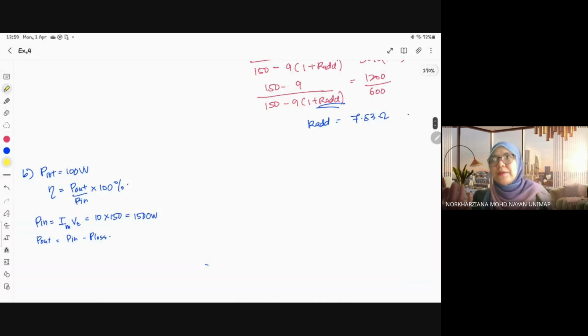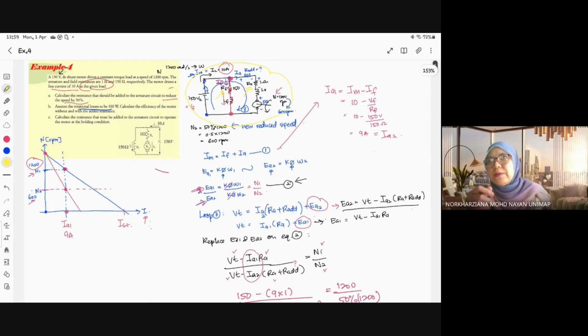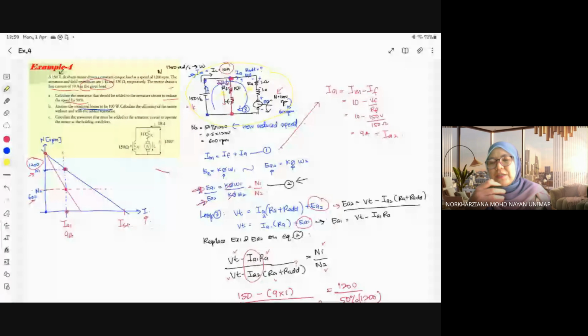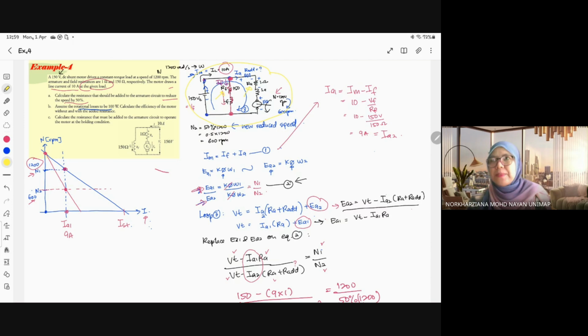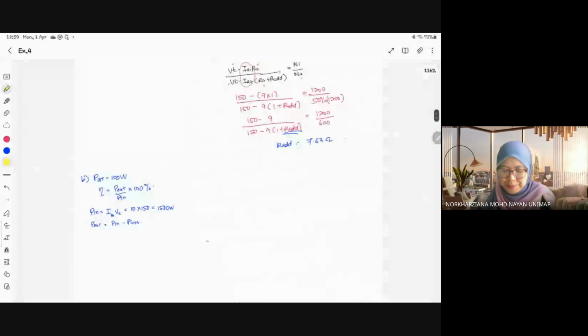Dia tak bagi apa lagi losses yang ada. We have friction and windage not given and cannot be found on the circuit. And what else? P3 boleh kira. Nak kira pun boleh lah, tapi dalam contoh ni saya tak kira lah. Then what else? Copper losses. Yang copper losses ni lah, RF and RA ni. Jangan saya ingat, nanti kita tengok dekat slide lagi. Okay. So yang ni yang mampu kita nampak at the moment.